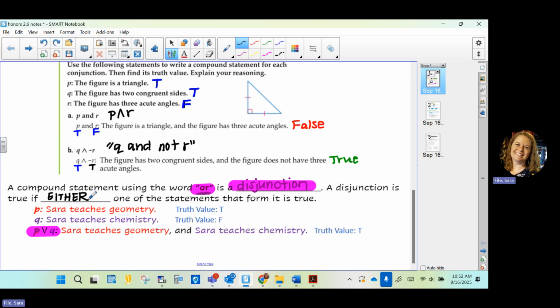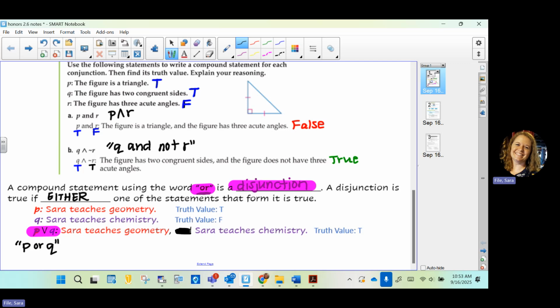So in this example, statement P says Sarah teaches geometry. I'm Sarah, so this is true. Okay. Statement Q says Sarah teaches chemistry. That's false. I do not teach chemistry. So then this disjunction, this is read P or Q. And there is a typo here because it has the word and.